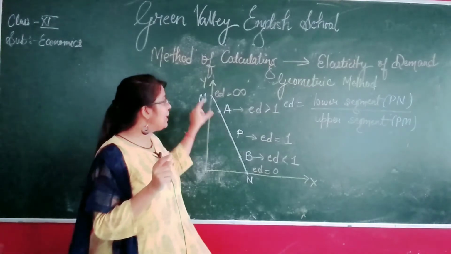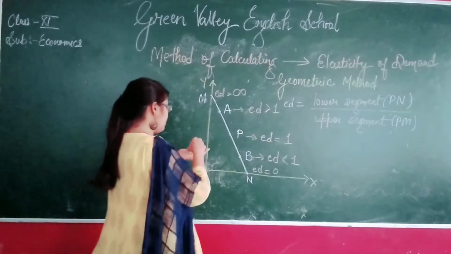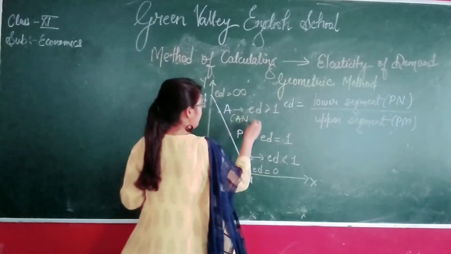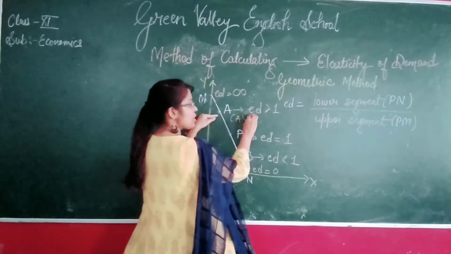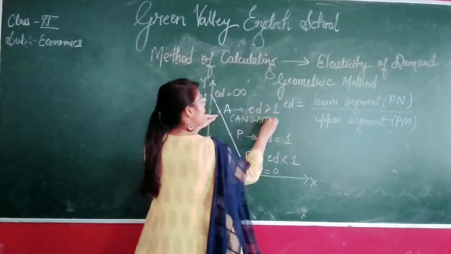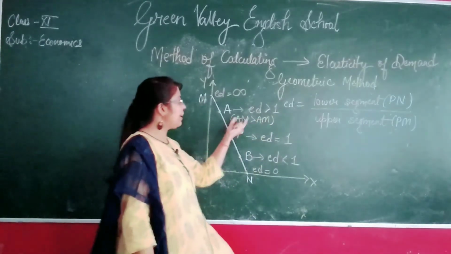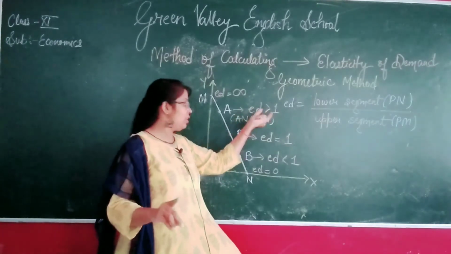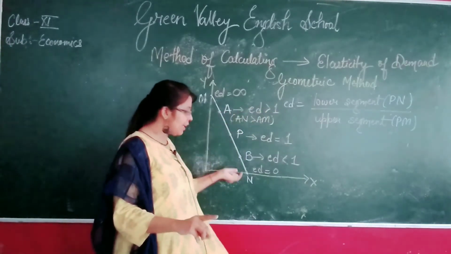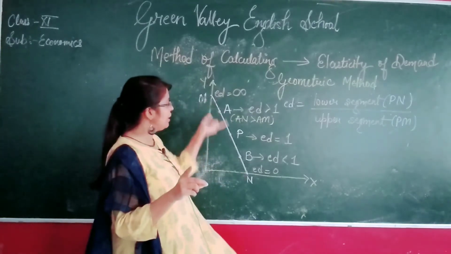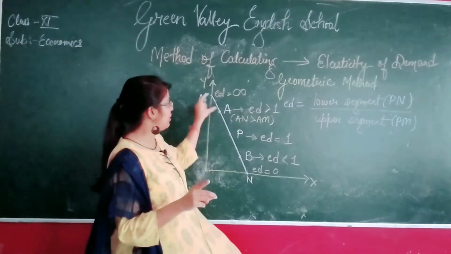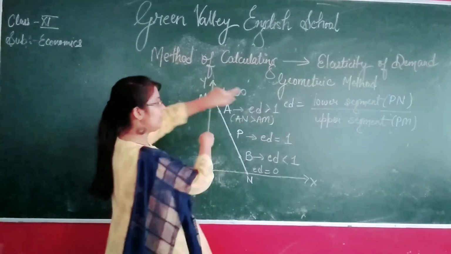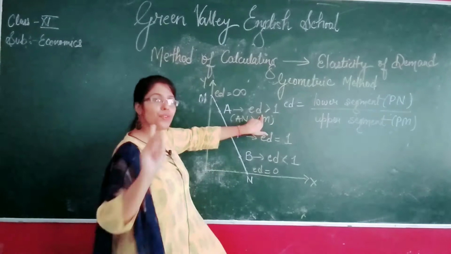So An is greater than Am, so elasticity of demand is greater than 1. At point A, An lower segment upon upper segment, this length is greater than this length, that is why Ed is greater than 1.